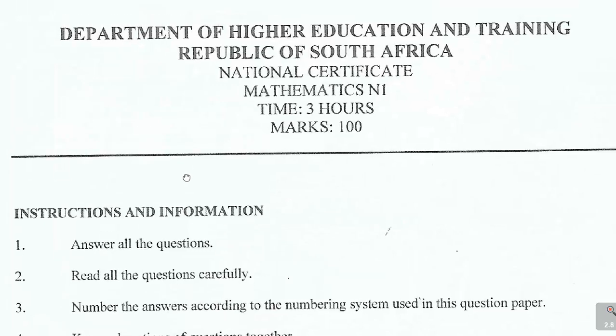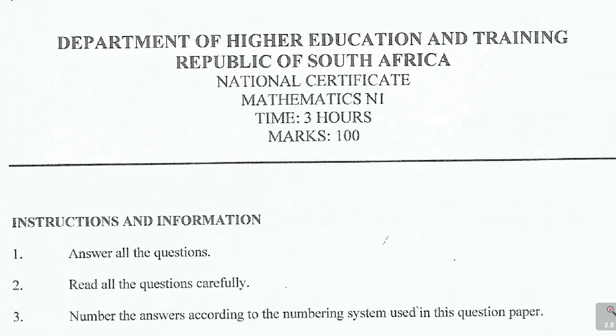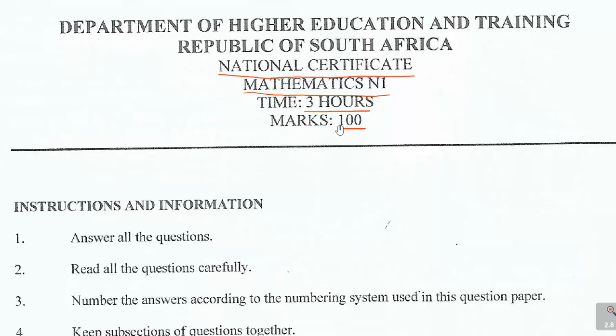This is a Department of Higher Education and Training paper. It's a national certificate. You might be working towards a national certificate, so this is one of the required subjects, Mathematics N1. It's a 3-hour paper, and it is out of 100 marks. Some students, as I emphasized in the previous review of this paper, ask whether this means there is no contribution from the tasks or tests that you wrote.